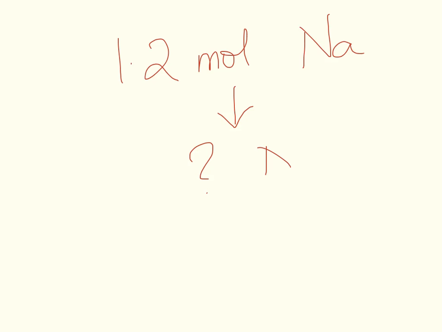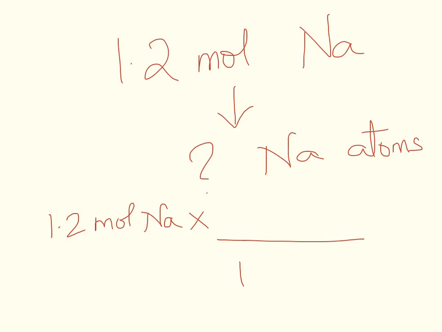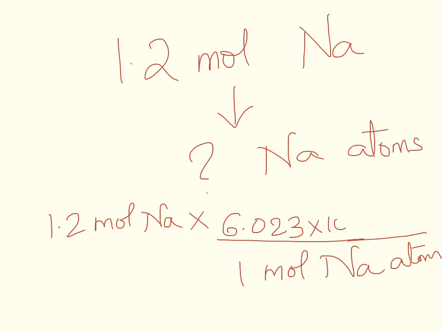If a sample contains 1.2 moles of sodium, for example, how many sodium atoms is that? Remember, 1 mole of something, in this case the something is sodium atoms, is 6.023 times 10 raised to 23 sodium atoms.